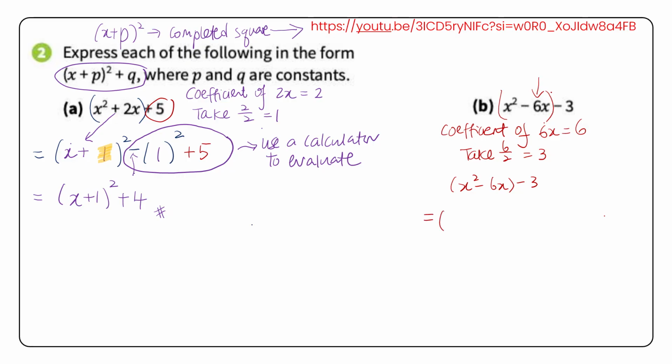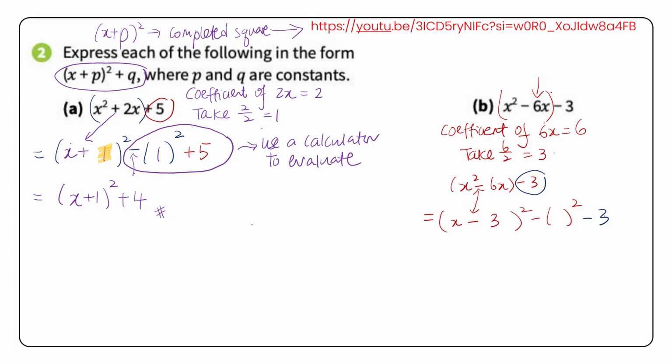Then we're going to have something squared minus something squared, right? And of course, followed by your constant here. Okay, so what goes into the first bracket will just be x, and you follow this operation here. That is minus, so it's minus 3. Where do you get 3?